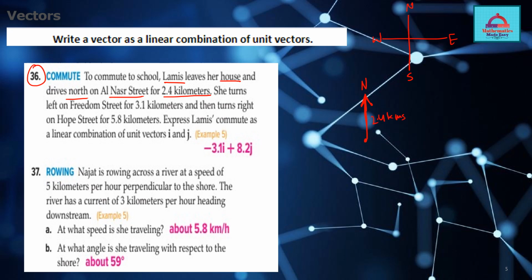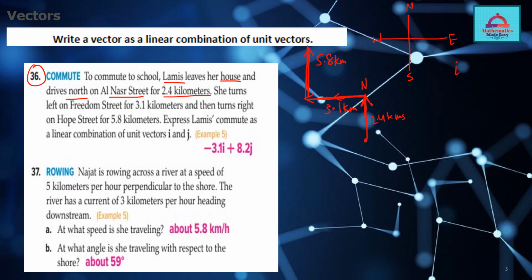Now she turns left on Freedom Street, so she's going in this direction now, and she's covering a little bit more, 3.1 kilometers, and then she turns right, in this direction, on Hope Street for another 5.8 kilometers.